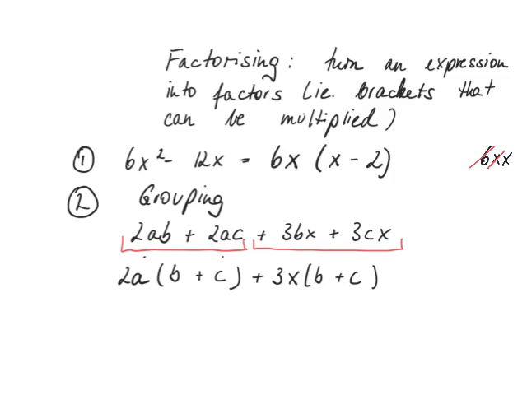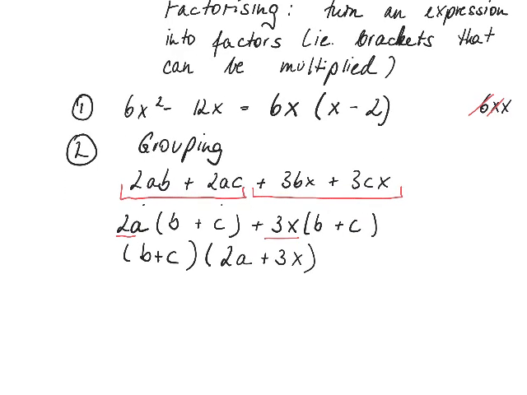So that would be then one of the brackets, b plus c, and the other bracket would be this and this. So that is the other bracket, 2a plus 3x, and this is how I've turned it into two brackets, two factors.